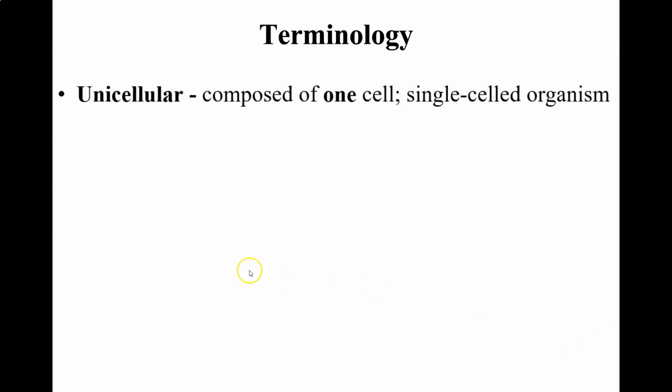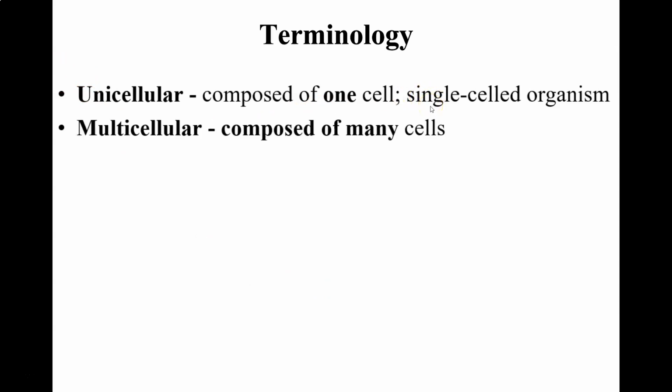So before we continue, let's define some terms that we are going to use again and again. Unicellular are organisms that are made of one cell, or sometimes it's called a single-celled organism. Multicellular organisms are composed of many cells.